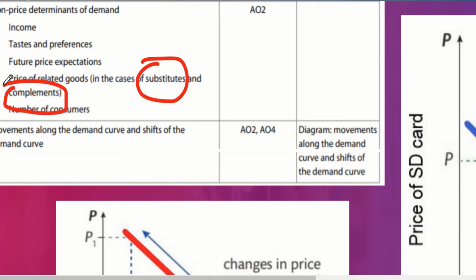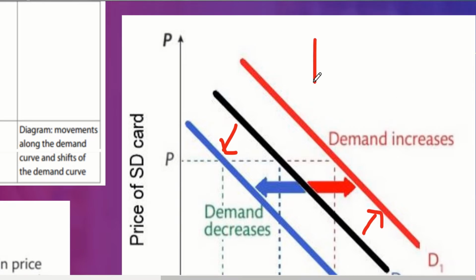This is the difference. Without one product you cannot use another product, that is said to be a complement product. Substitute product means in place of one product you can use another product. So if the price of a substitute increases, the demand for the other substitute will increase.